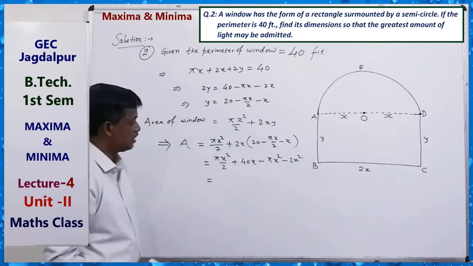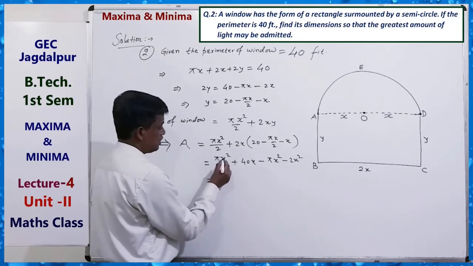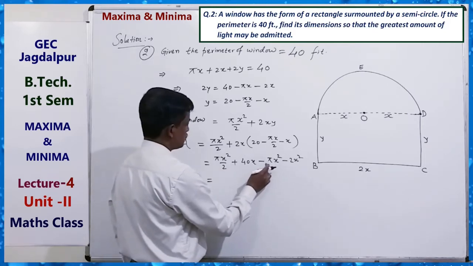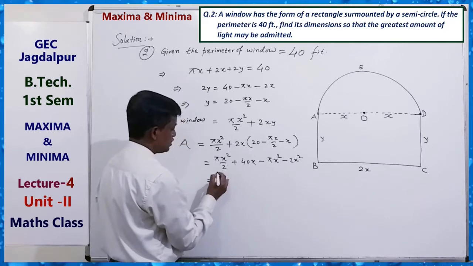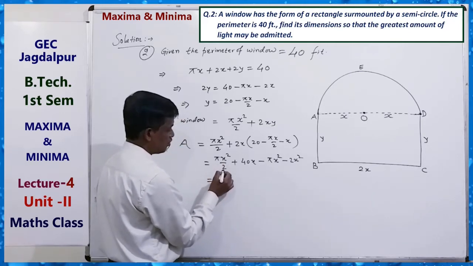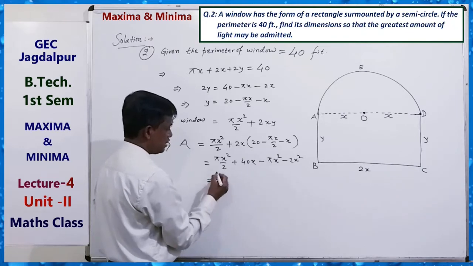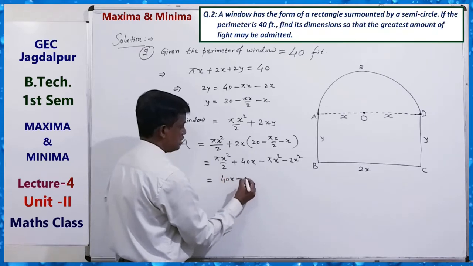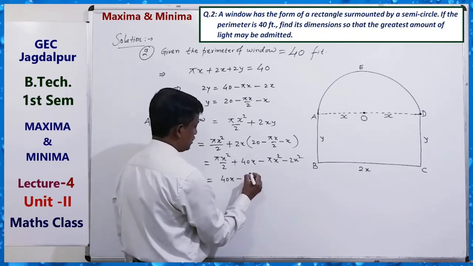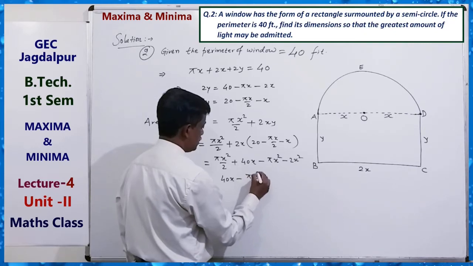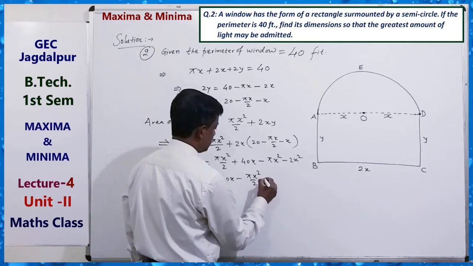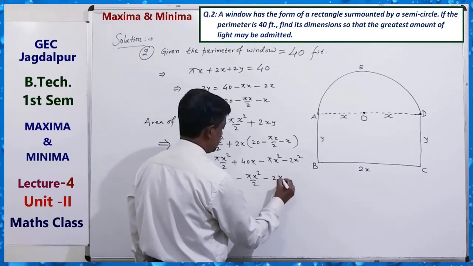Okay, so here we have pi x square by 2 and minus pi x square, that is minus pi x square by 2. So 40x minus pi x square by 2 minus 2x square.